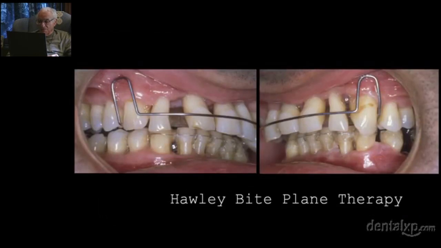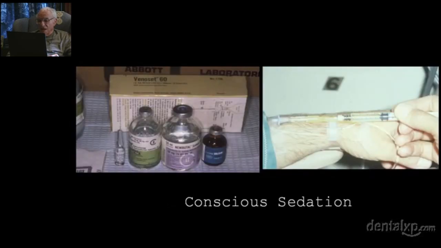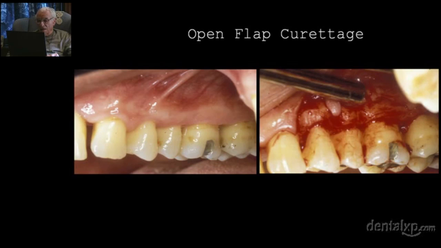And again, the biplane established to allow for occlusal rest. The patient was a dental phobe and had to be treated under IV sedation, which was done in the clinic. Dennis took care of this with Dr. Ruggiero, a member of our staff. Every procedure had to be done with IV sedation, conscious sedation.